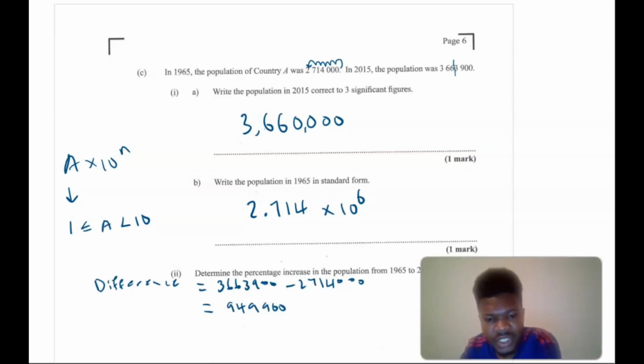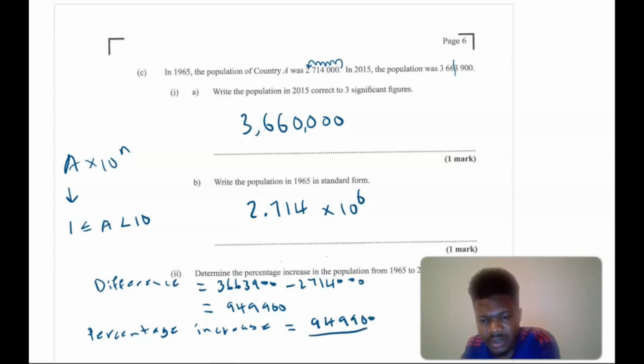And then to get the percentage increase, we're increasing from the 2,714,000. So we're going to put our difference over it, over 2,714,000, multiplied by 100%.